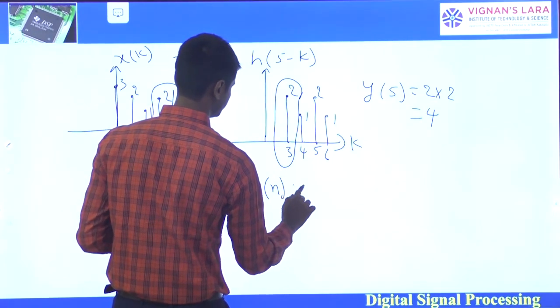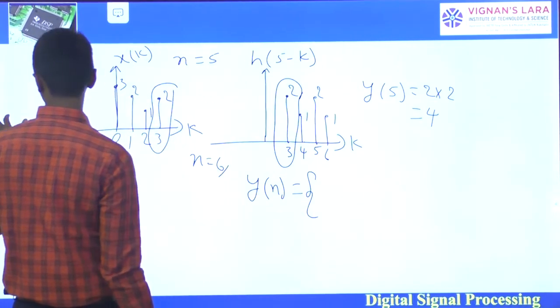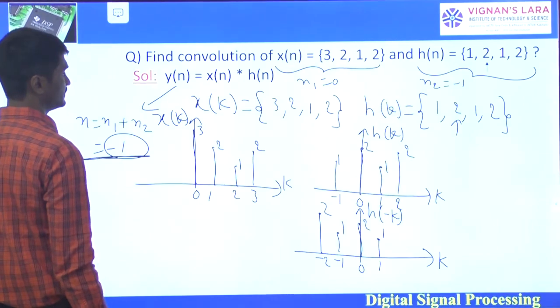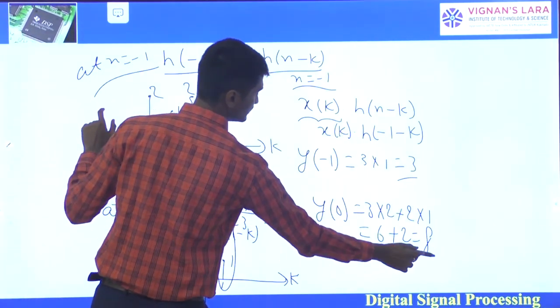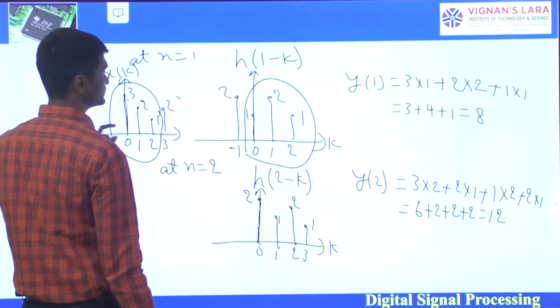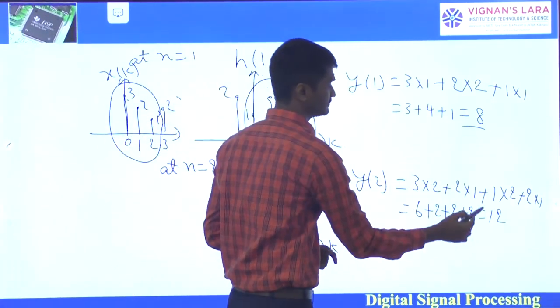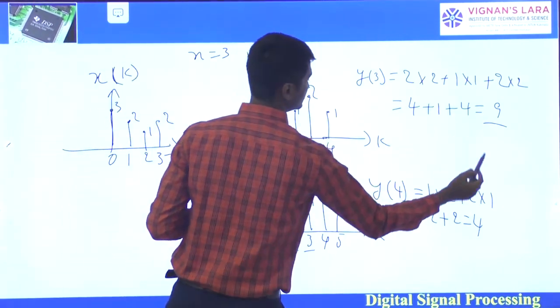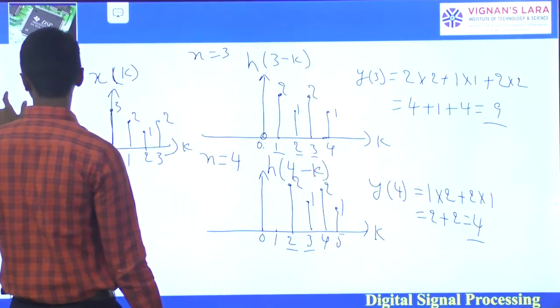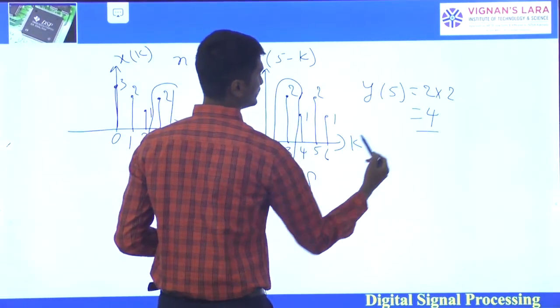Y of n, starting from y of minus 1, similarly y of 0, y of 1, y of 2, y of 3, y of 4, y of 5.